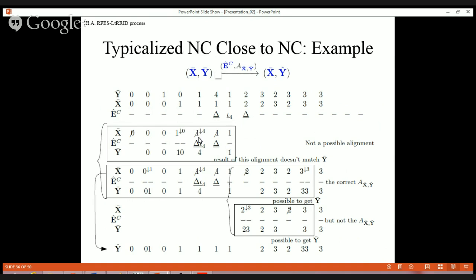So we would know that there was one deletion and one insertion here, and one deletion here. And by applying this, we can get y to be 0, 0, 1, 0, 4, 1. But this result doesn't match the real y, because this is 1, 0, 1, 4, 1. It's missing a 1 here. So we would know that this is not a possible alignment.